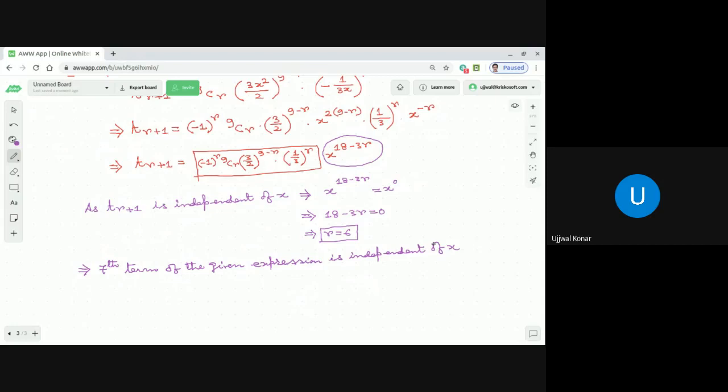That is what we get first. Then you can find the term also. Just apply r equal to 6. Got it, no? And we can simplify a little bit also. So let's find it out actually.